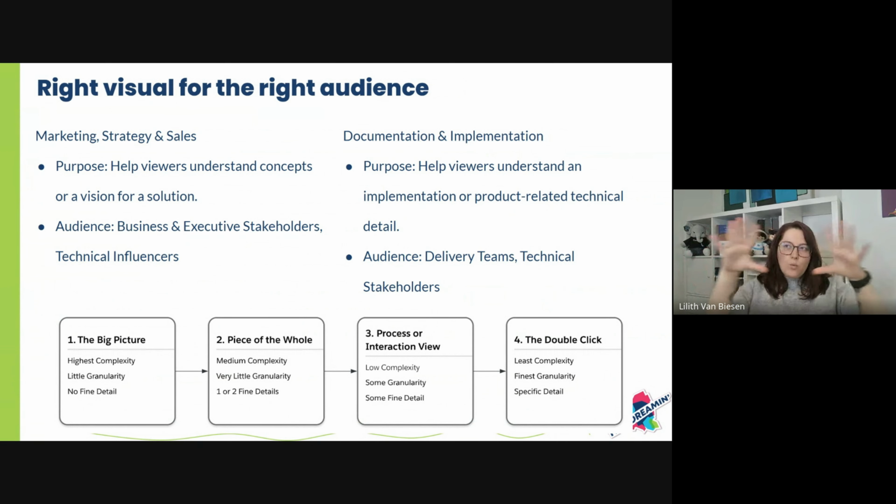And then once you have this bigger puzzle, you could go into a smaller subset of that, where less complexity will be found, because we're not looking at a lot of the things that we had in the bigger picture, but there's still a lot going on there. So we're trying to balance and only add a few smaller details.